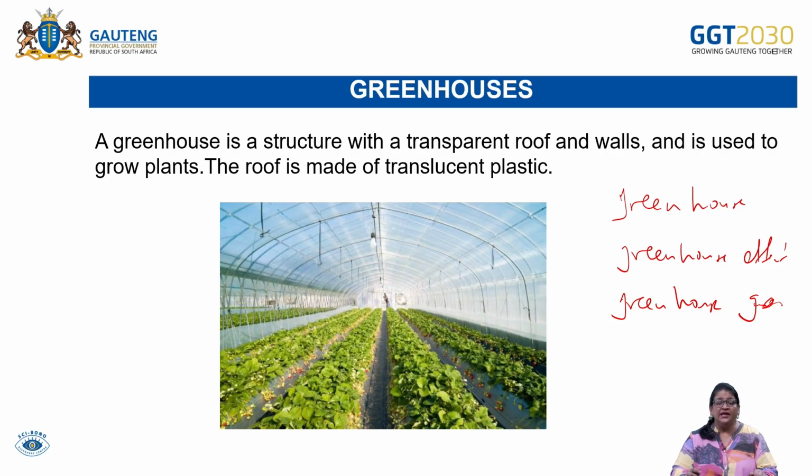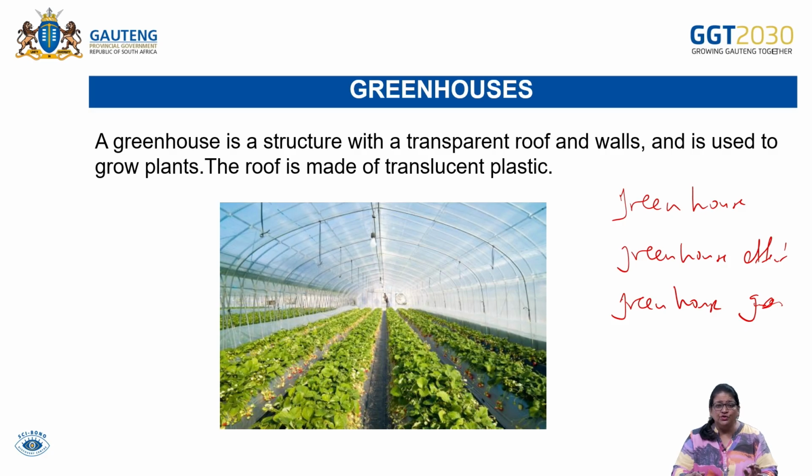So what you're looking at in front of you is a greenhouse, a house-like structure where the roof is made with translucent plastic, right? It's a structure with a transparent roof for light to come through, transparent walls that go all around like a dome, and it's used to grow plants, and all plants are green.